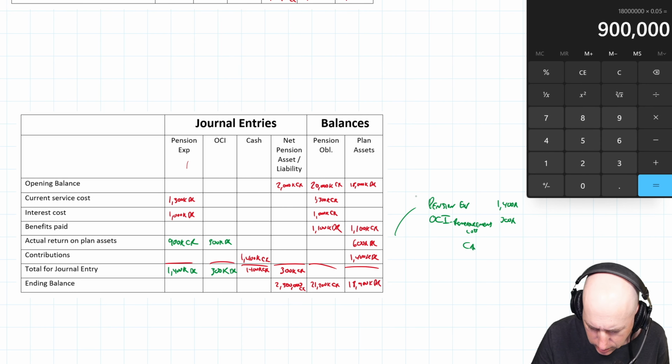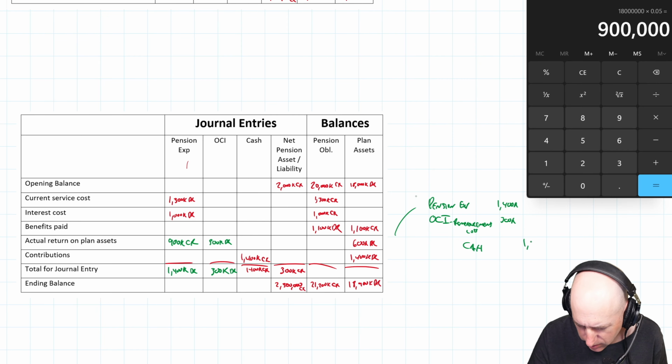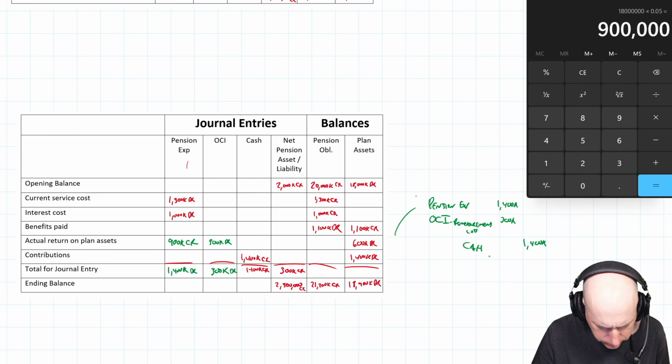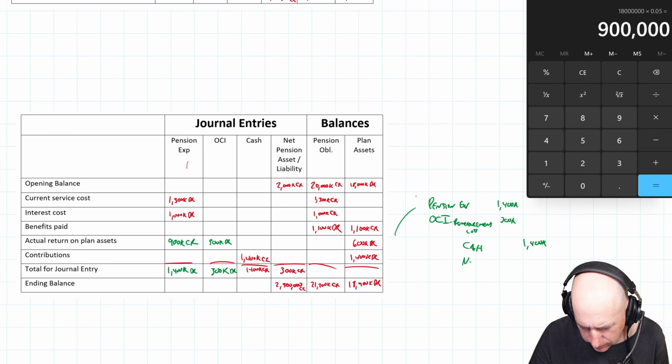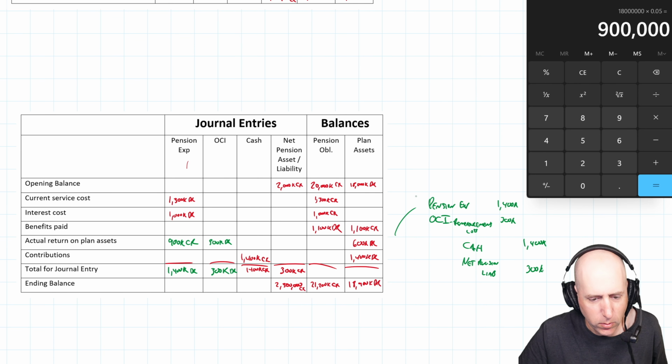Credit cash, 1.4 mil. And credit net pension liability, for 300K. Okay, last one we'll do.